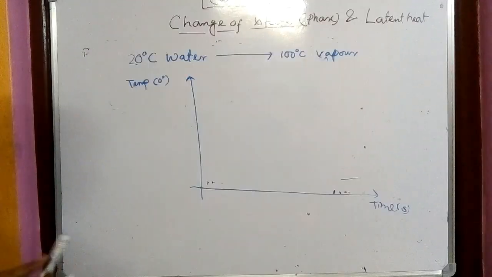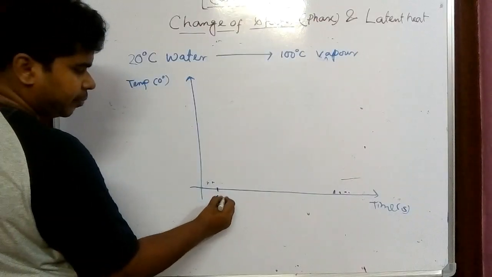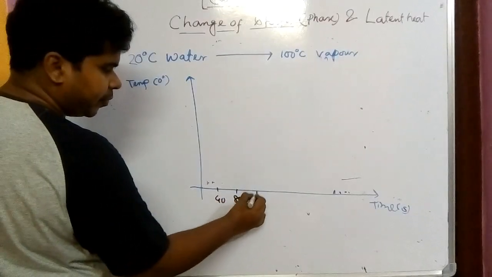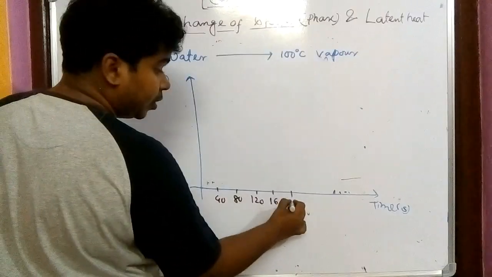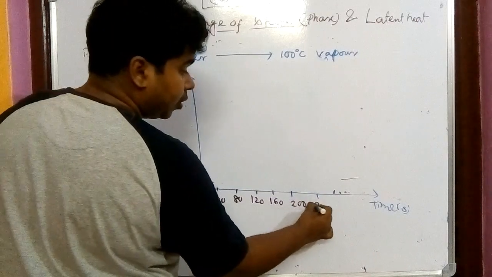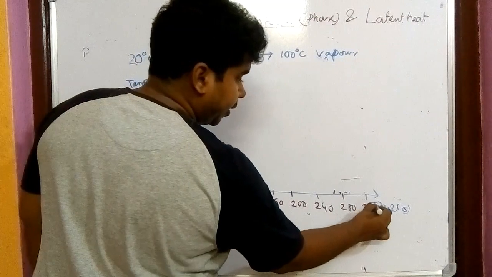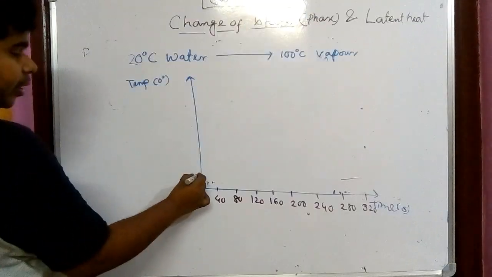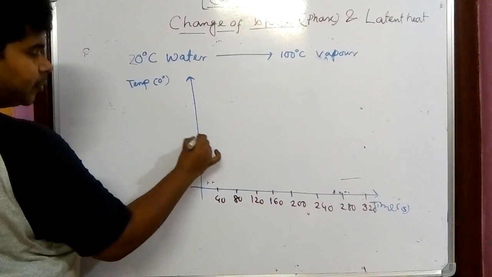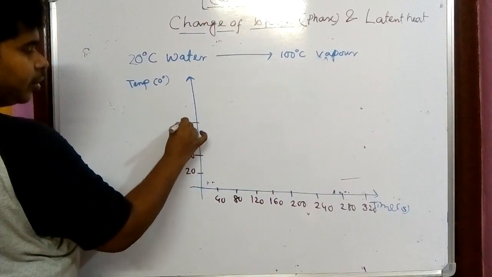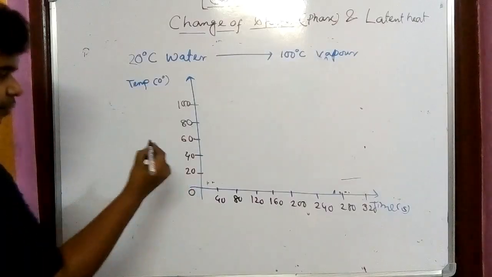And here if we write the timing, assume it is 40, 80, 120, 160, 200, 240, 280, 320 seconds, and here we take, assume, 20, 40, 60, 80, 100, and here it is 0.